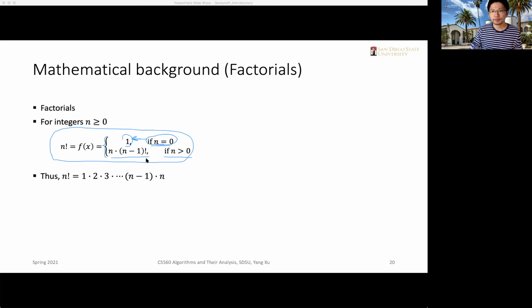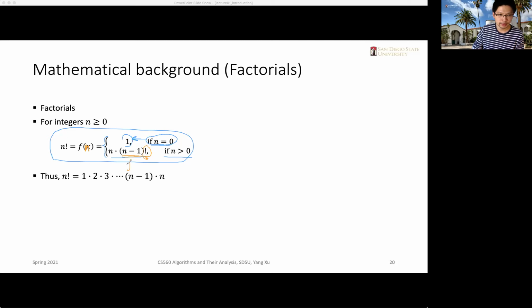By recursively, we are calling this factorial function again.